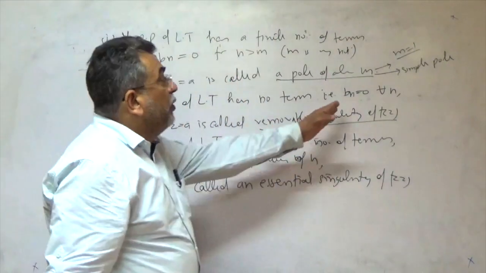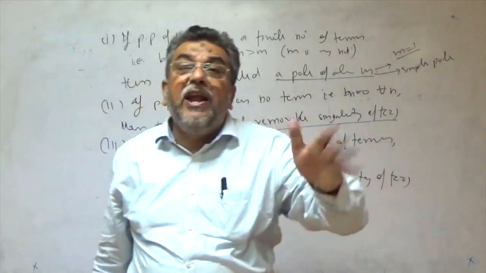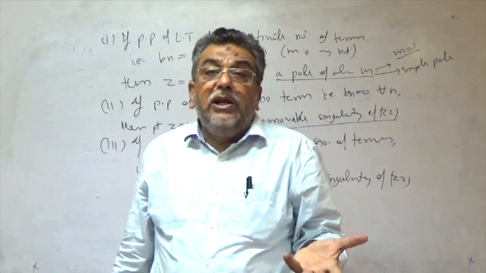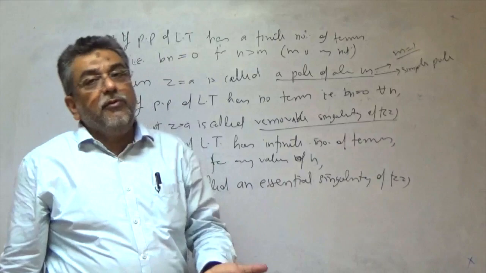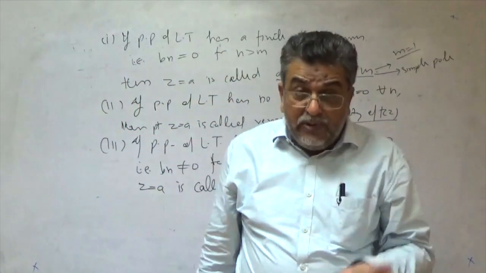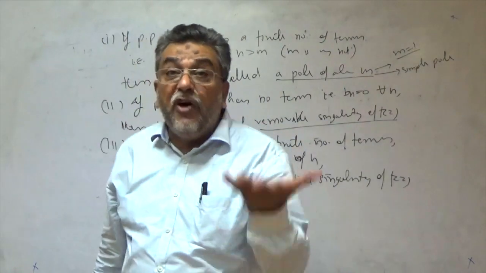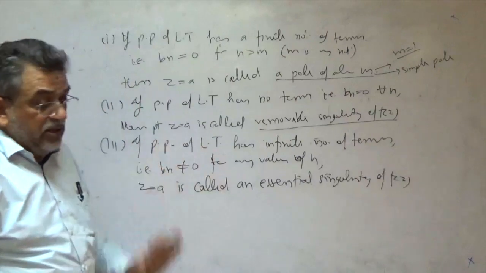If Bn is 0 for every n, that means the principal part is completely vanishing. Now, naturally, the singularity has been removed, and so z equal to a is called a removable singularity. Third case, if Bn is non-zero, and that means the principal part contains an infinite number of terms, then this is called an essential singularity.